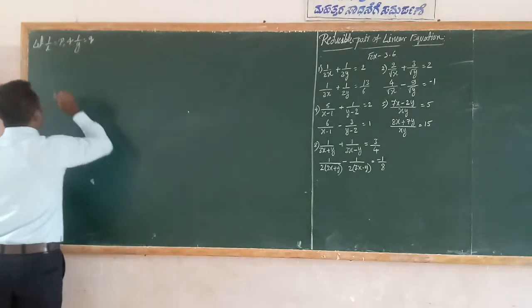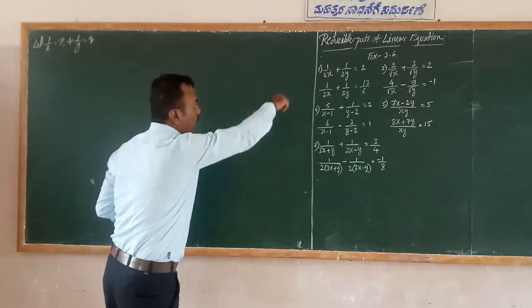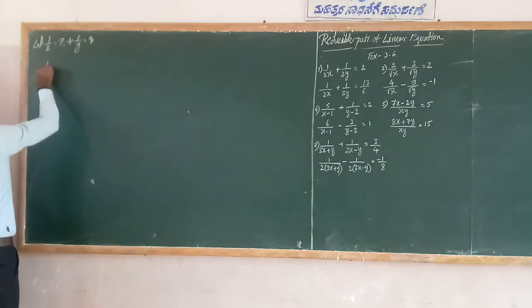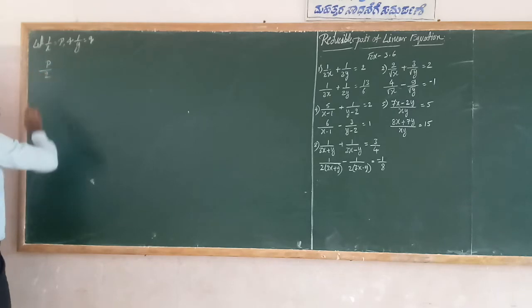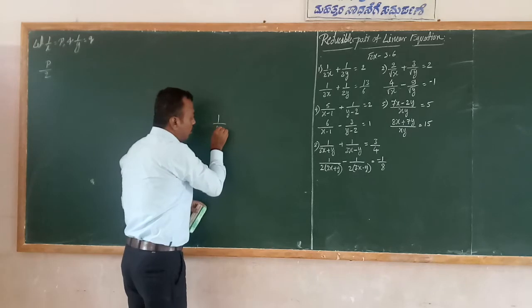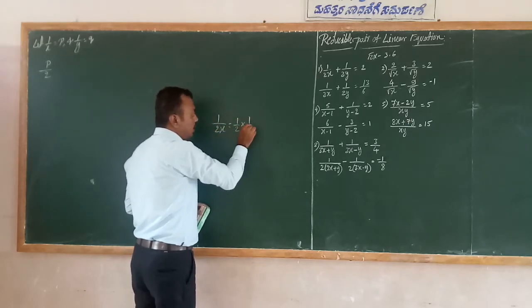So I will reduce it. 1 upon 2x is equal to 1 by 2 into 1 by x. Is it right?